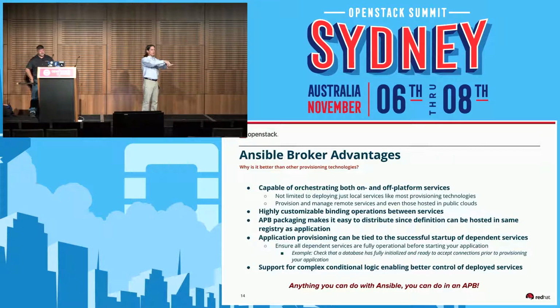The second service fails, and the reason is the first is not running and servicing connections yet. With this, we can actually wait for it. We can check to make sure that the database is actually functional before starting the dependent service. And that's a big deal. It doesn't sound like a lot, but you see a lot of technologies fail on this.